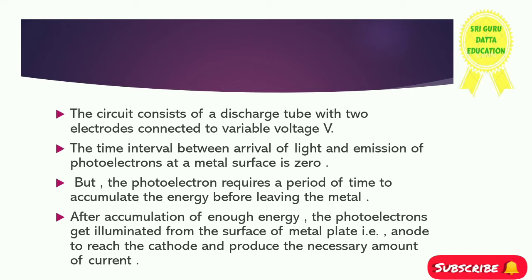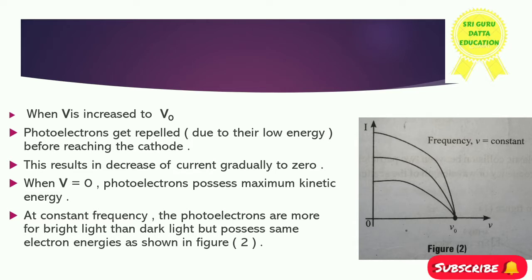The photoelectrons travel from the anode to reach the cathode and produce the necessary amount of current.